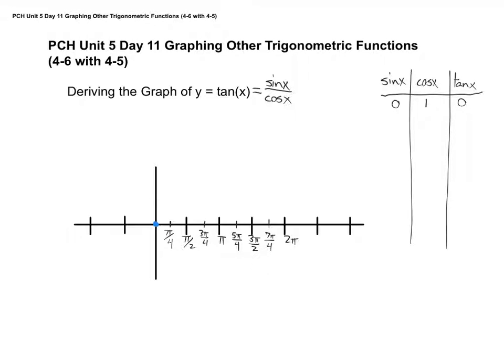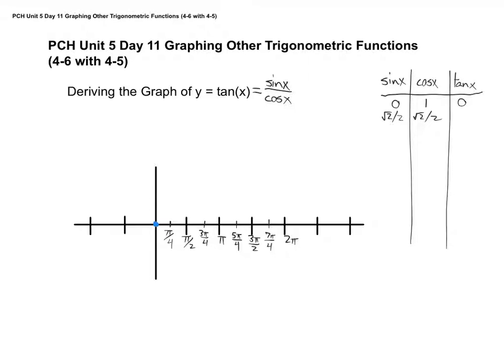All right, Davi, what's the sine of pi over 4? Radical 2 over 2. And Jared, what's the cosine of pi over 4? Radical 2 over 2. Good. So, Hannah, what is the tangent of pi over 4 then?